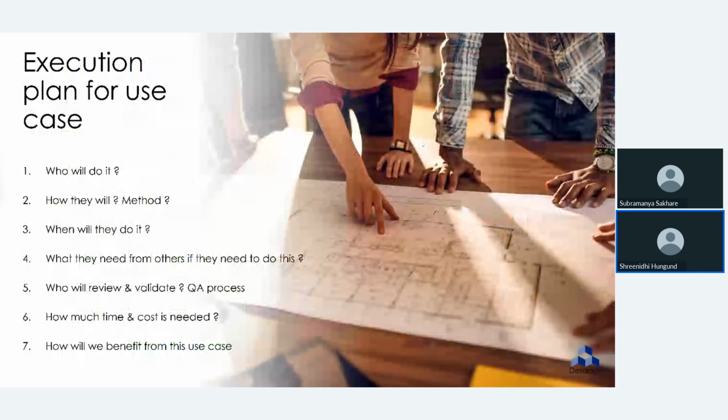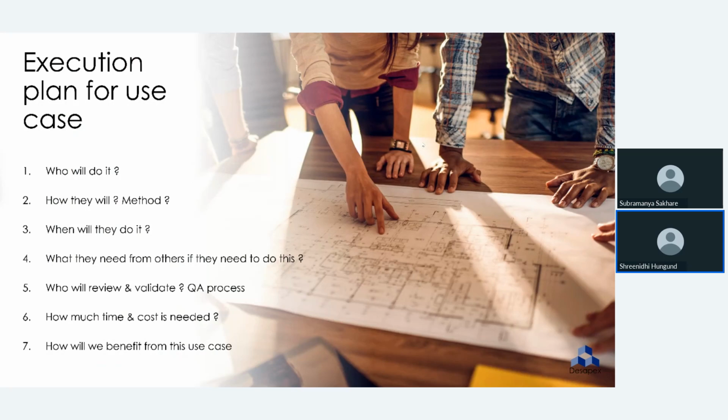Then I think the execution plan is where it all starts. We have now laid out a foundation: why this scope document, what use cases we should talk about, and how the use cases will impact. All of those things start with an execution plan. So we should create this execution plan for a use case.